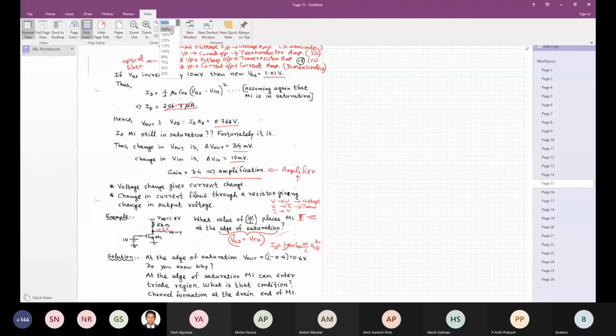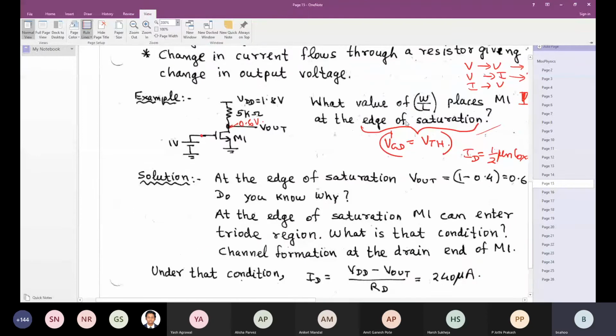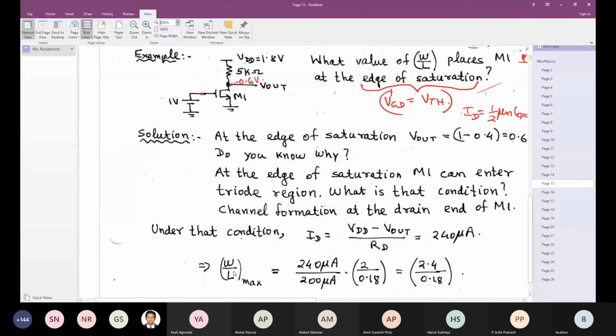Okay. So what happens to the current if I make W by L more than this? Think of it this way: if I make this bigger and bigger, for the same VGS, it will take in more and more current, right?